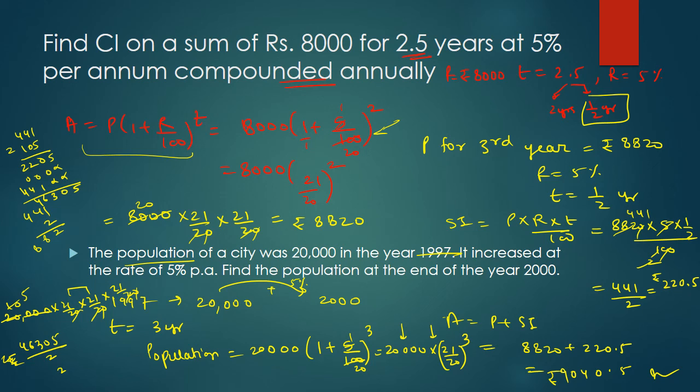So it will be 23,152.5. So you have to take the approximate value.